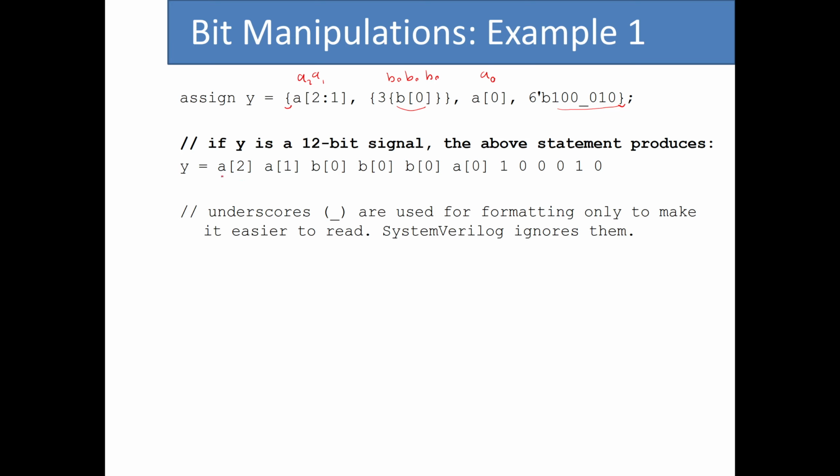So Y is going to be A2, A1, and then 3 copies of B0, because you see we have 3, and inside of these curly braces we have B0, so that means repeat this 3 times, and again this one is inside of curly braces. So we repeat B0 3 times, and then we have A0, and at the end we have 100010. So this is how we can create a 12-bit signal by using the above statement.